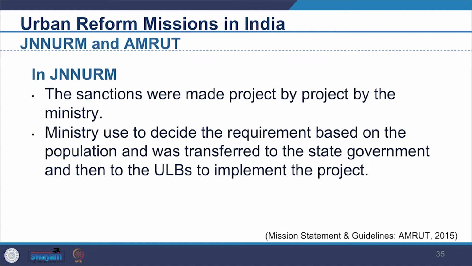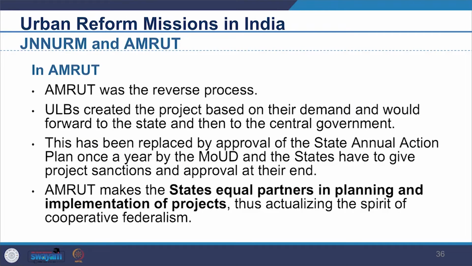So, we see that it was a top-down approach in JNNRUM. Whereas in AMRUT, it was the reverse process. Now, the ULBs created the project based on their demand, the demand of the users and the priority areas, and would forward it to the state and then to the central government.